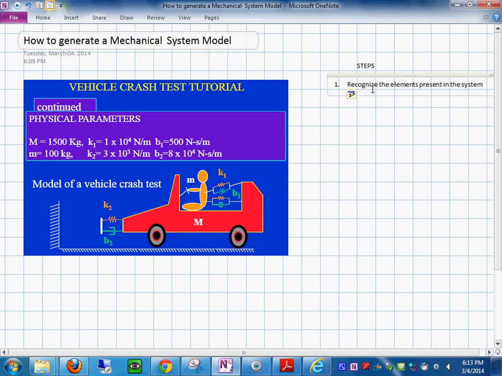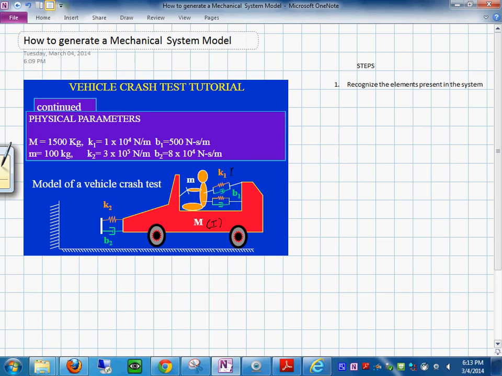You're going to see that on this crash test model, we have this car, which is basically an I element in here. We have this seat belt in here, which has a damping and a spring, because it's compliant.